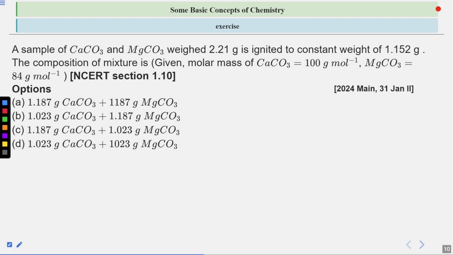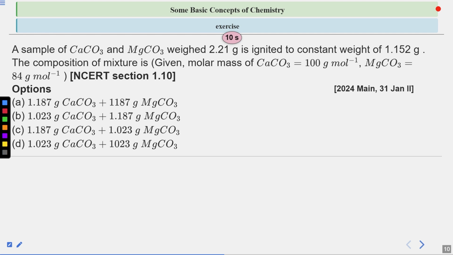The question is saying that we have a sample of calcium carbonate and magnesium carbonate whose weight is 2.21 gram. If it is ignited to a constant weight of 1.152 gram, what is the composition of the mixture? We are given the molar mass of calcium carbonate and magnesium carbonate.